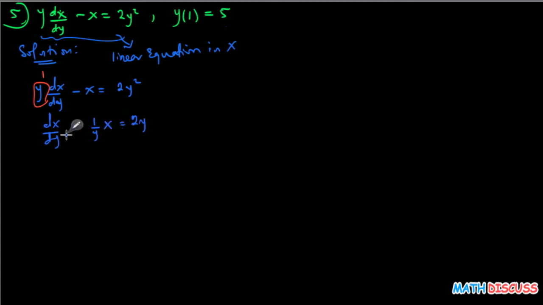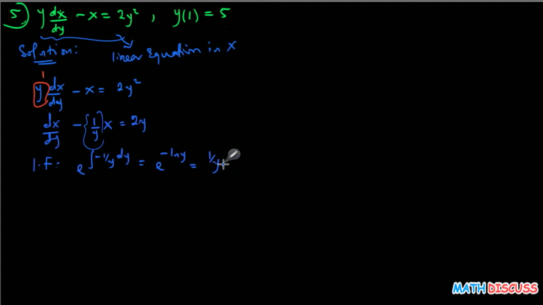Now, this is going to be the power of e which we use as our integrating factor. The integrating factor is e to the power of negative integral of 1 over y dy, which is e to the power negative ln y, which is equal to 1 over y.